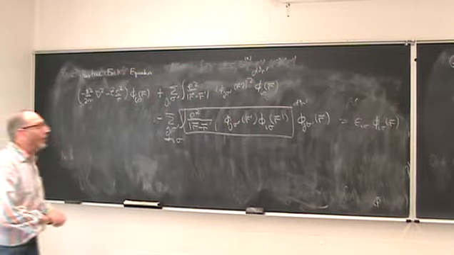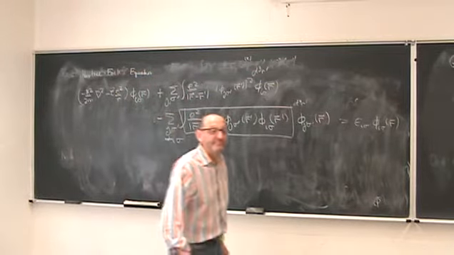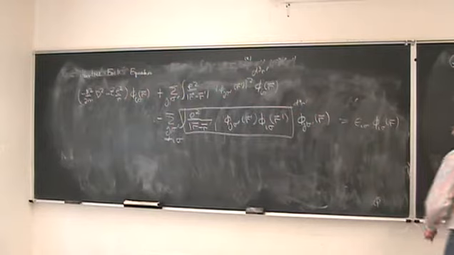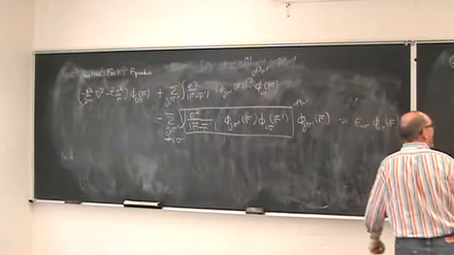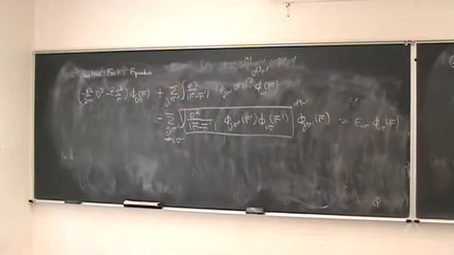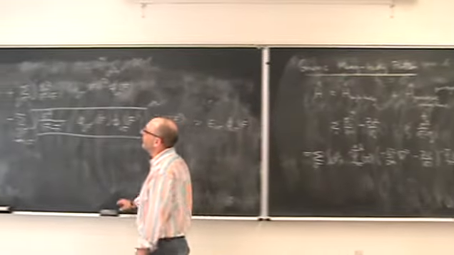Let's look at an example for bosons. Okay, so let's suppose I have the same generic form, but let's suppose I have the following problem. It's a problem that's very much in vogue.